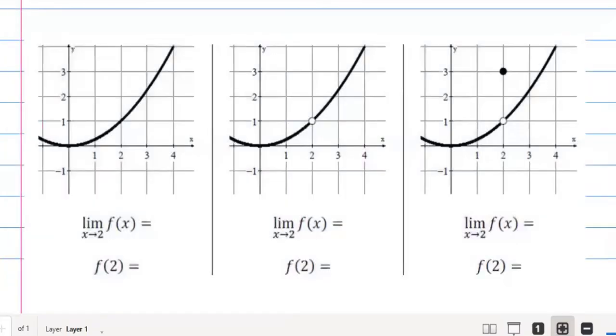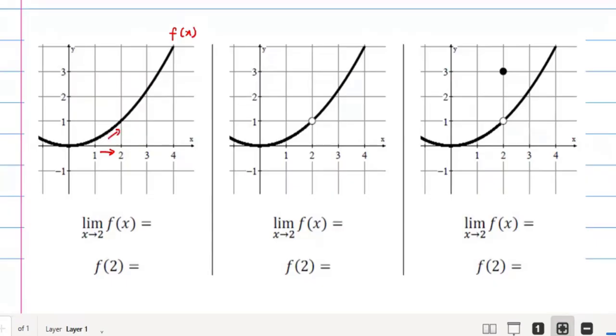So in this image, we have to answer this question: limit x tends to 2, f of x is what? And what is the graph showing you over here? This is f of x. So as x approaches 2 from the left hand side, you can see that the function is approaching 1.